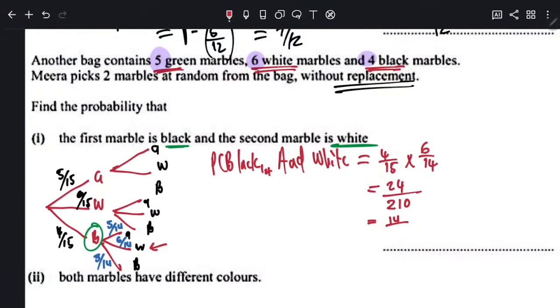Wait, let me read. Find the probability that the first marble is black and the second is white. Yes, you just find the probability that the first is black and the second is white.